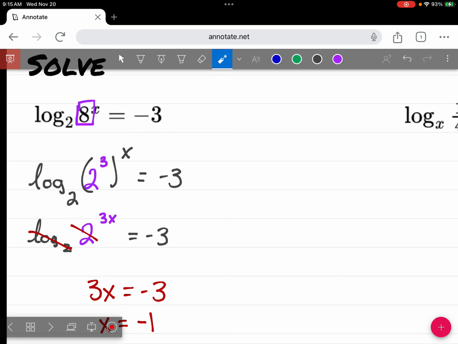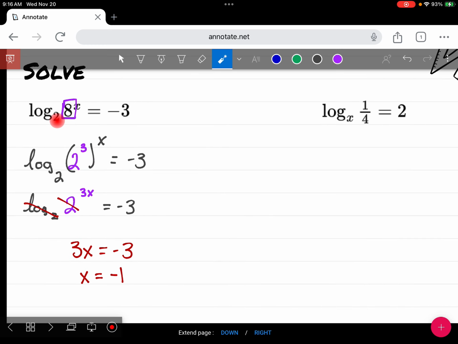Which piece of the log is this x? It's a power up here. It's an exponent. Can I have negative exponents? Yes, that just makes things fractions. Okay, we cannot have negative bases or negative arguments. So this is fine. We can have this.